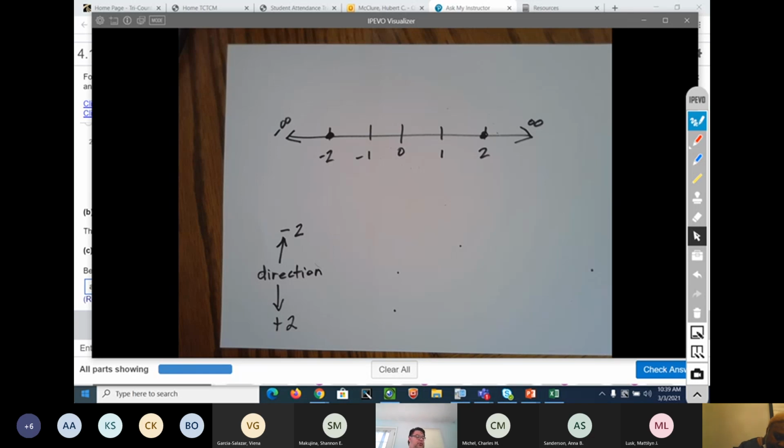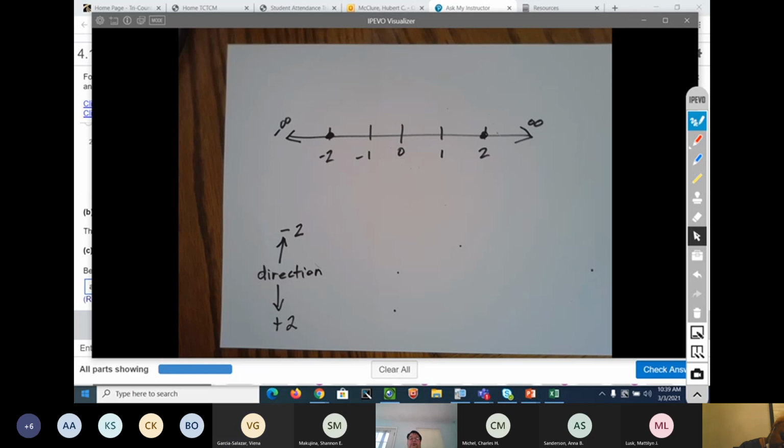Well, if that's true, Hubert, then what does the absolute value tell you? The absolute value of -2 and the absolute value of +2, does anybody know the other word? The other D word? Somebody said it a while ago.